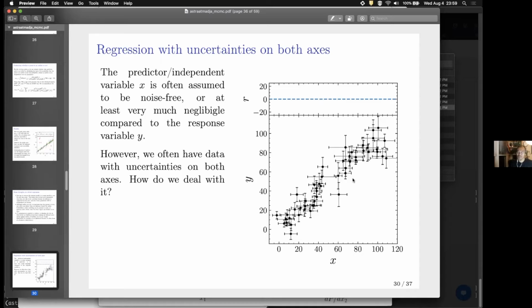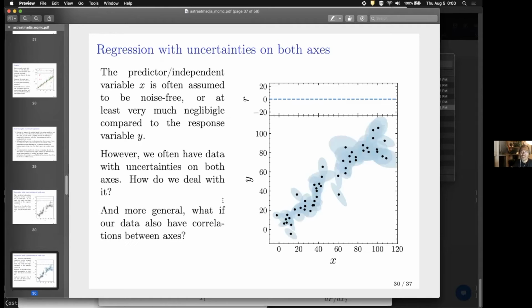Sometimes that makes sense, but sometimes we have data with two uncertainties. For example, if we analyze redshift and distance, the redshift estimation can be flawed, and the vertical axis, whatever we want to evaluate, can be even more uncertain. So how do we deal with it? And more generally, what if x and y are also correlated?